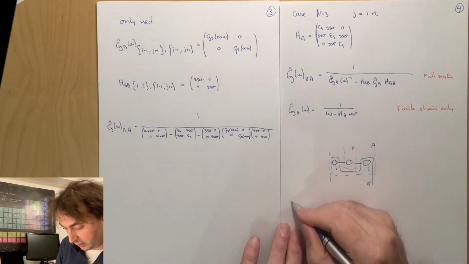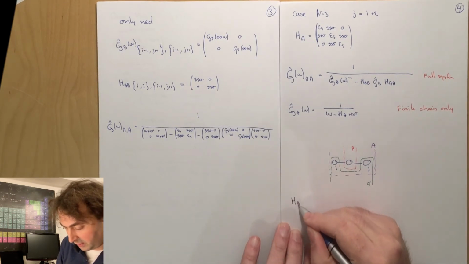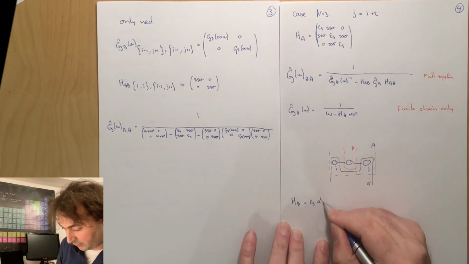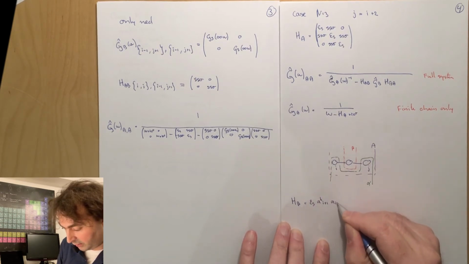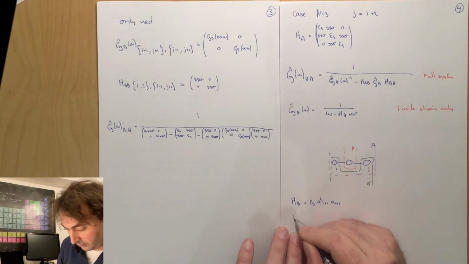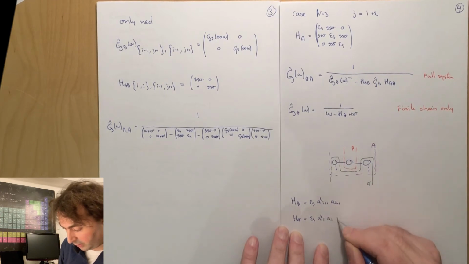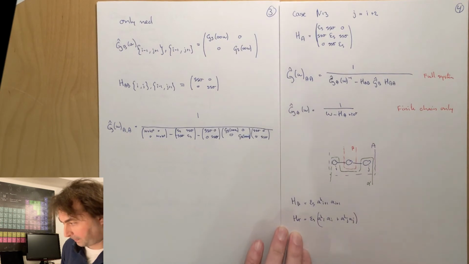If we now write down our Hamiltonian, then H beta is epsilon_s a dagger i plus 1, a i plus 1. H alpha is epsilon_s a dagger i, a i plus a dagger j, a j.